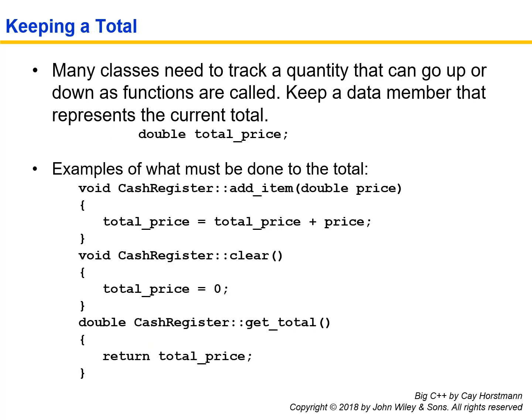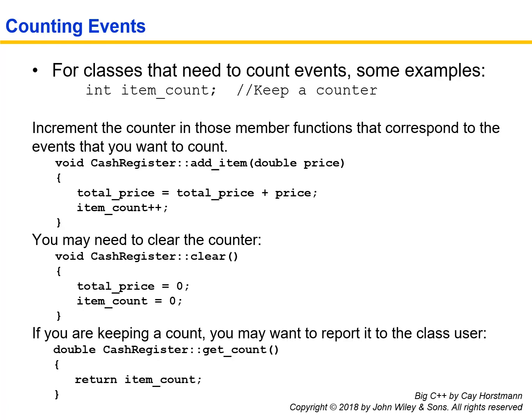Keeping a total, you're going to have one data member that represents the total. You're going to have an add member function, a clear member function, and a get total member function. What if instead you want to keep a count? Well, you still have an add item, a clear, and a get count.